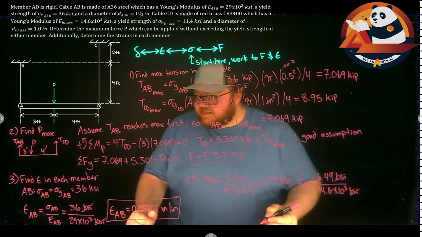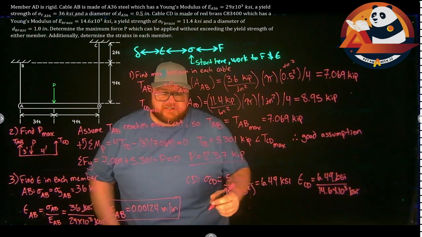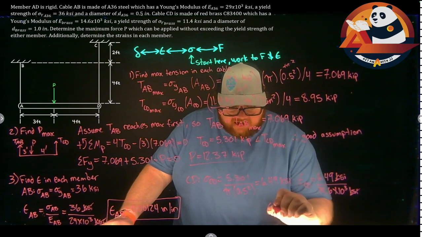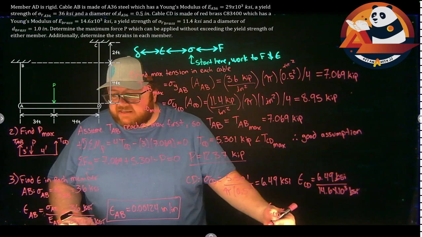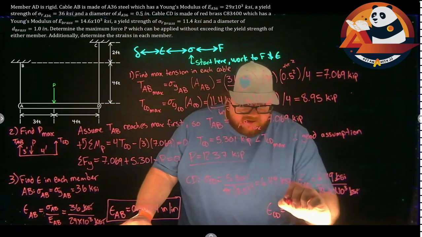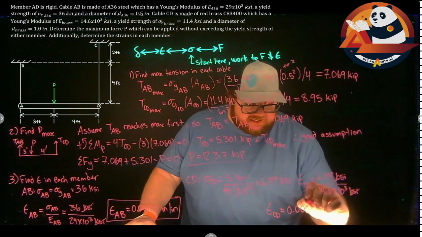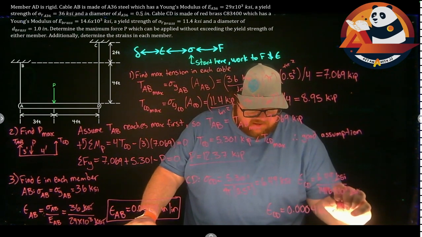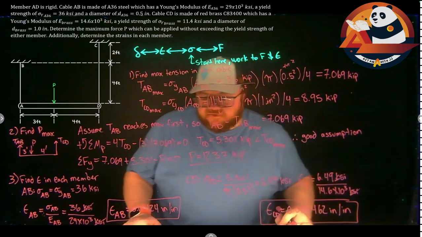Again, our KSIs cancel, but we're still going to report that as a distance per distance, inches per inch in here. My strain in member CD ends up getting us to 0.000462 inches per inch, which is our final answer for our problem in there.